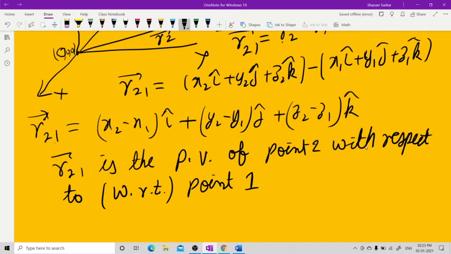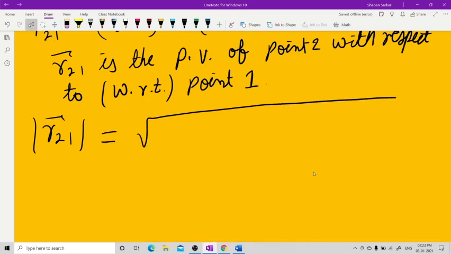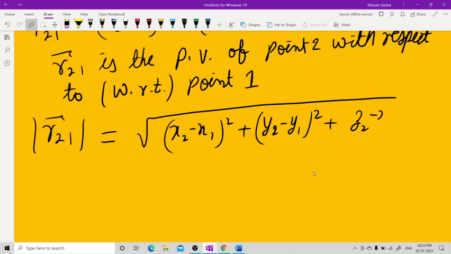Now let us understand how to find the distance. R21 mod is equal to under root of x2 minus x1 whole square plus y2 minus y1 whole square plus z2 minus z1 whole square.